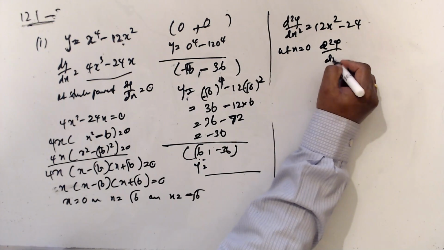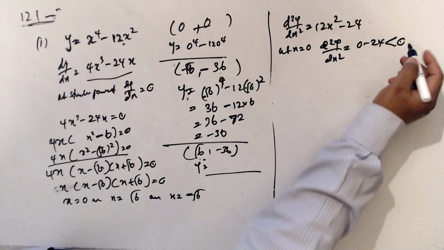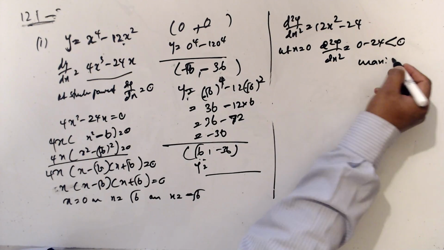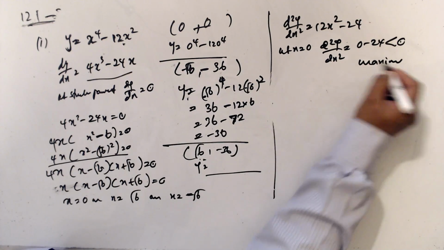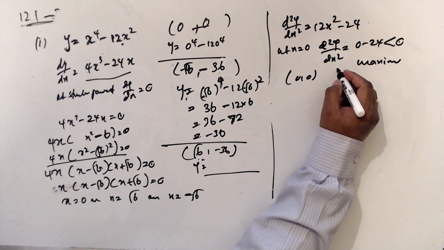Now at x equals 0, d squared y over dx squared is 0 minus 24, less than 0, that is maximum. So 0, 0 is a maximum point.